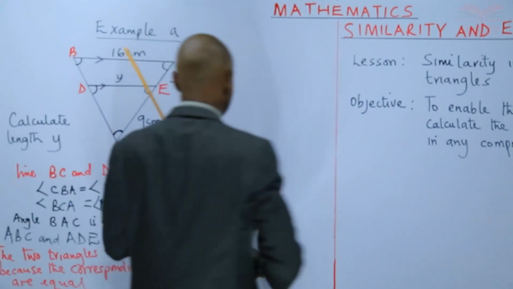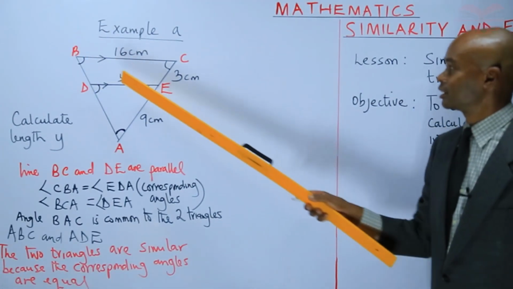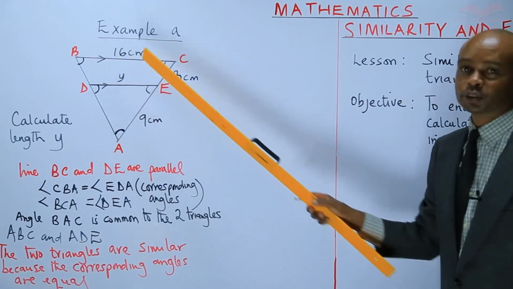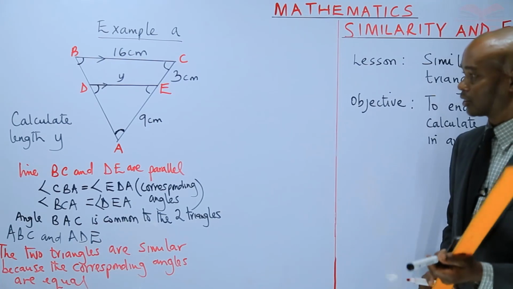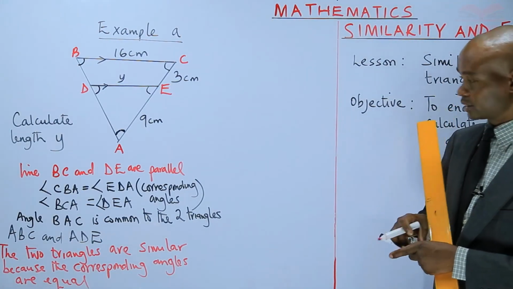So having proven that, because this angle corresponds to that, this angle corresponds to that, and this angle is common to both of them, it shows these two triangles are similar.